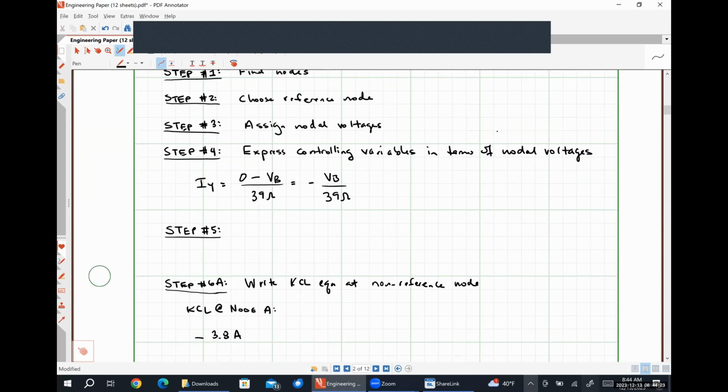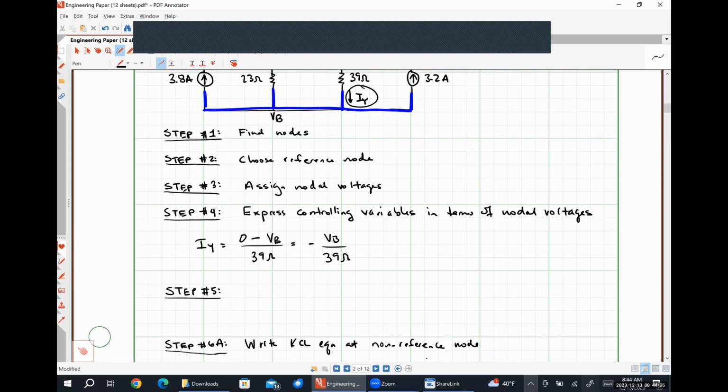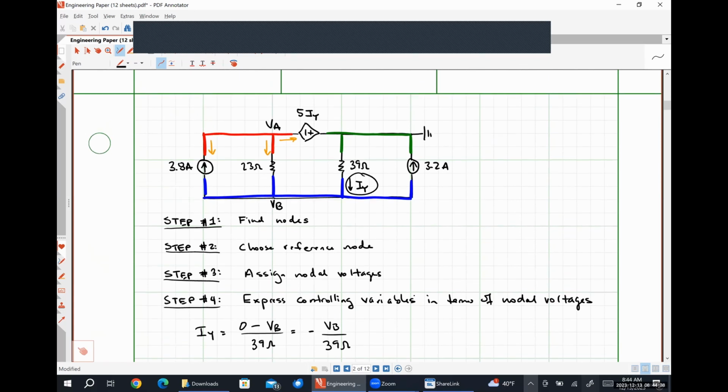VA minus VB over 23, absolutely correct. And what's the current flowing to the right through my voltage source? Anybody care to venture a guess? So let me say I couldn't tell you. There is literally no way to express that current in terms of our nodal voltages. This is why voltage sources make things a little wonky, okay?